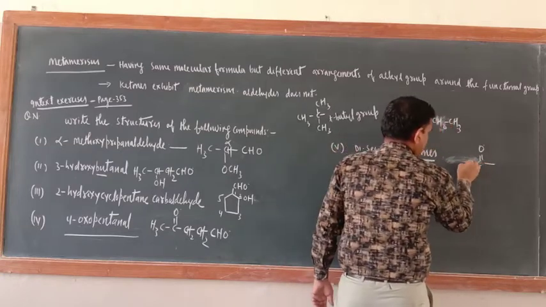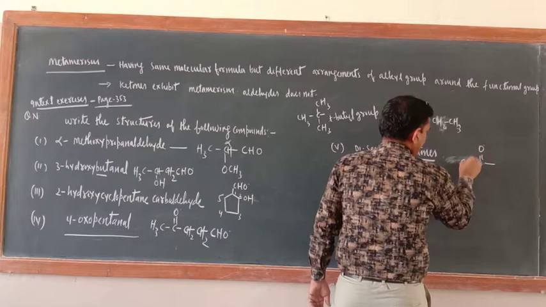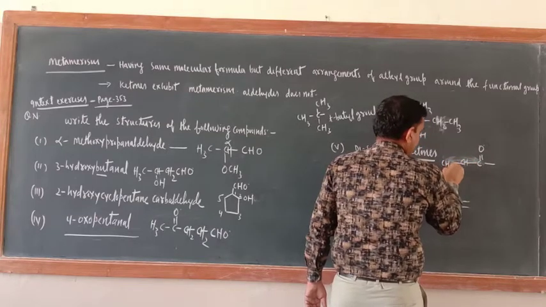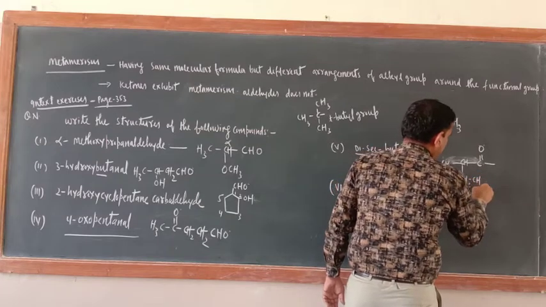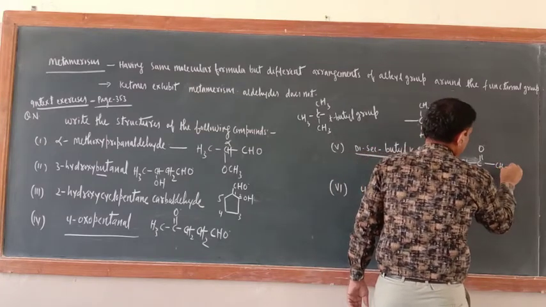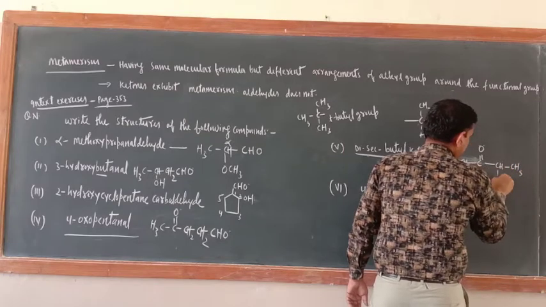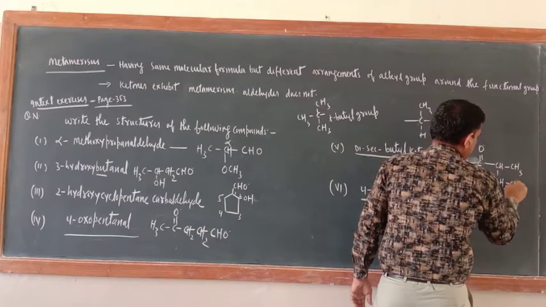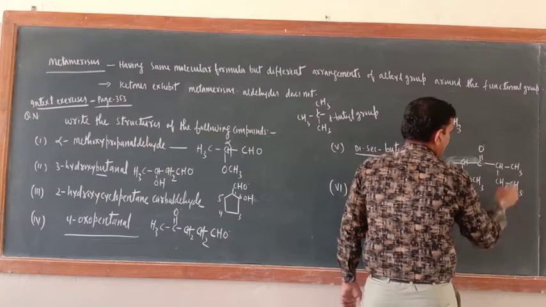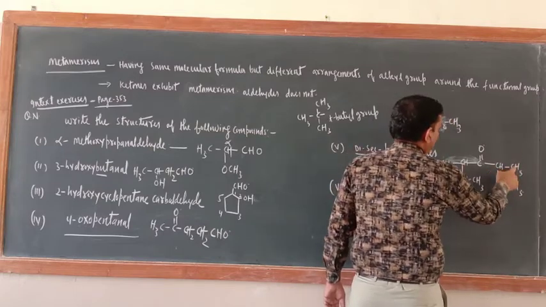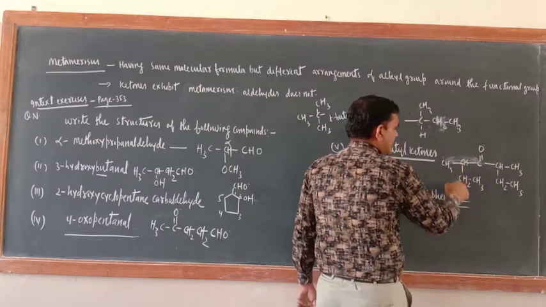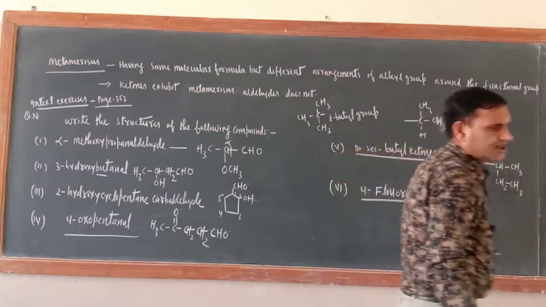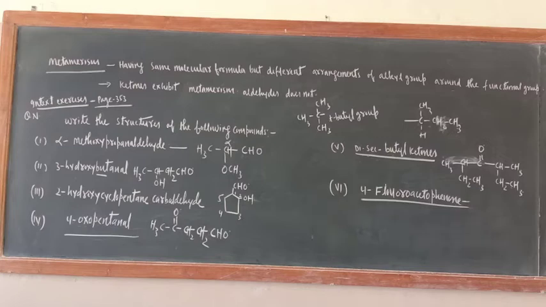Now this side, CH, one side CH3, other side CH2, CH3. Here also write CH, here also write CH3, here also write CH2, CH3. Correct? Now you count 1, 2, 3, 4. This is only 1, 2, 3, 4. Check. Is this disecondary butyl ketone or not? This is disecondary butyl ketone. Okay.